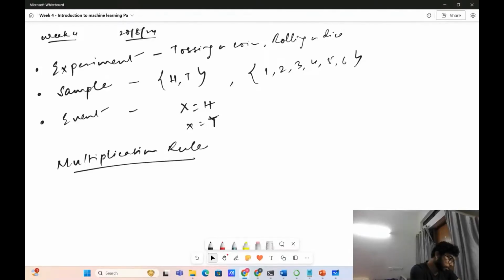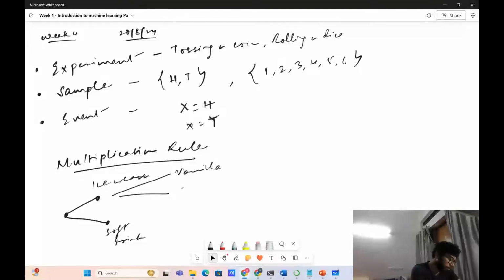You can either buy ice cream or drink some soft drinks. So you have two choices. Now, if you decide on ice cream, you can choose whether you want vanilla flavor, butterscotch, or maybe chocolate.